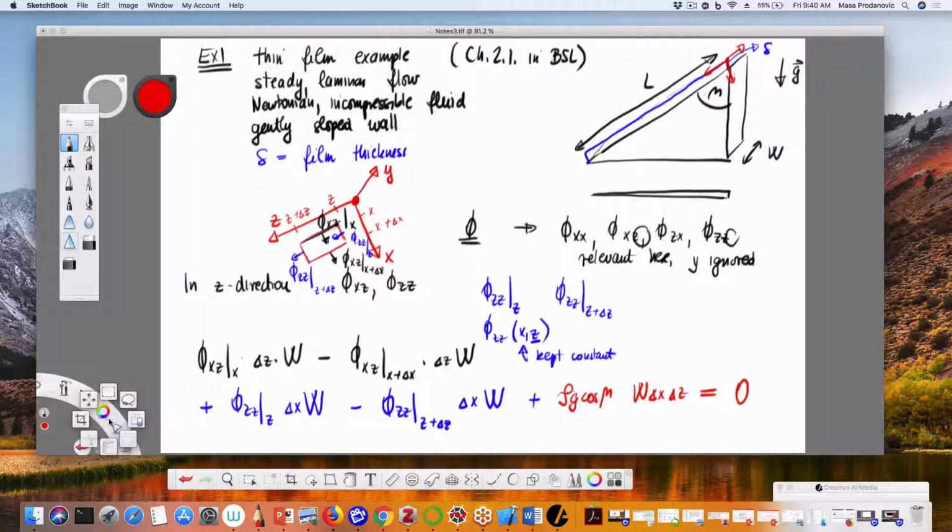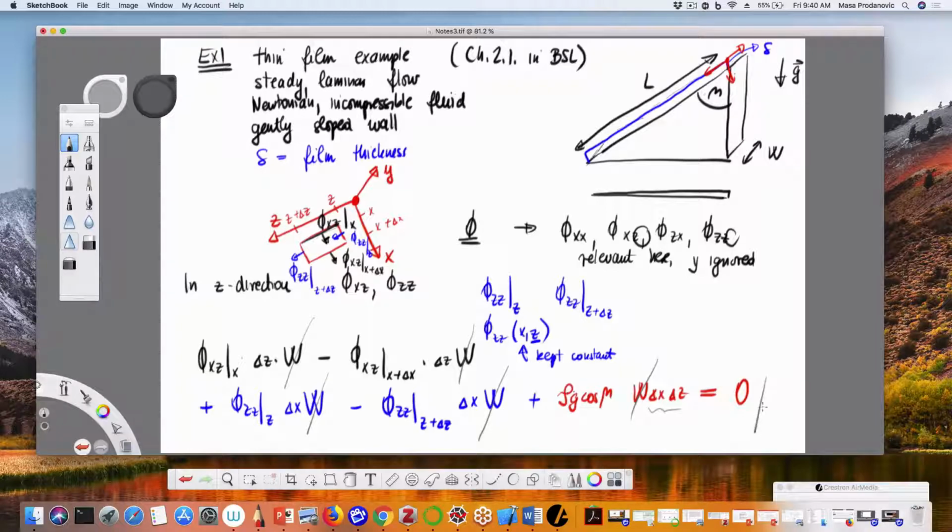All right. First thing that I'm going to do, I'm obviously going to divide by w. And not only that, I'm actually going to not only divide by w, but by delta x, delta z as well.